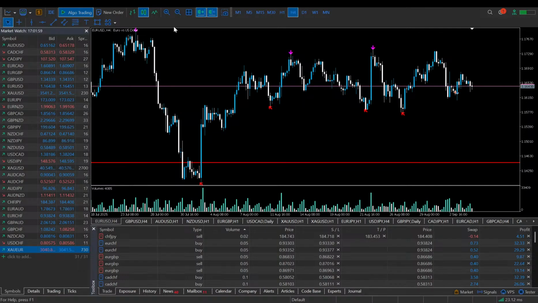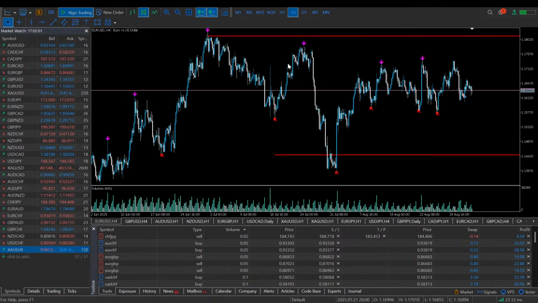So I see price is coming back down to this lower side here. So I do prefer to go in for a sell trade.